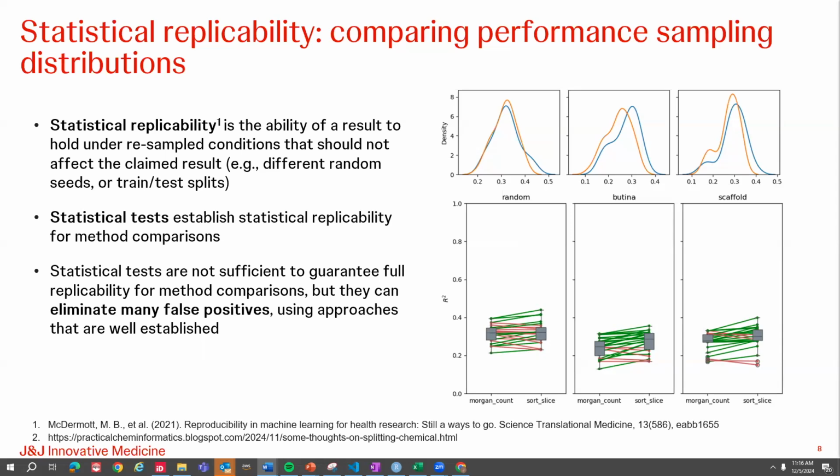Edges are green when SortSlice outperforms Morgan count, red when Morgan count outperforms SortSlice. The majority of splits have SortSlice as the best performer, but there are several splits where Morgan count is better. So it's unclear if the better performance suggested by the mean here is actually reliable enough to say SortSlice is really the better model.